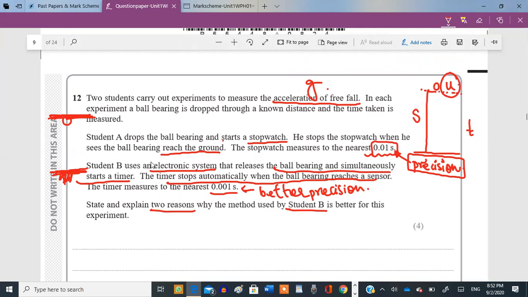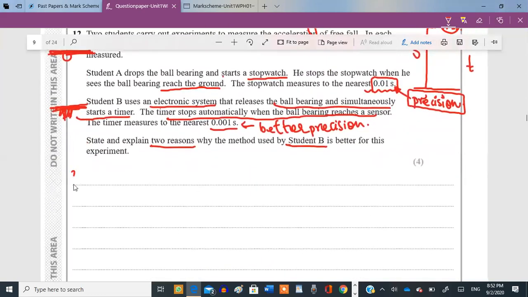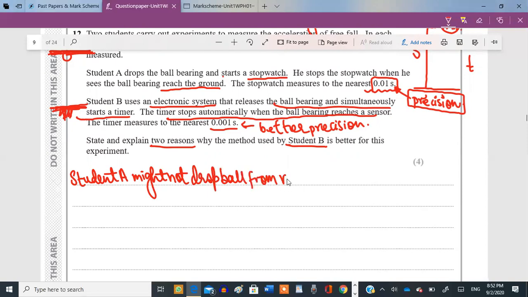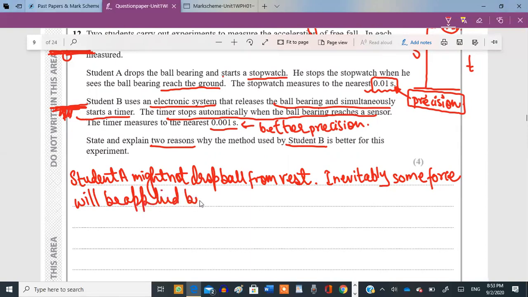So student A might not drop the ball from rest. That's the reason, and the explanation for this reason is that inevitably some force would be applied by the student. This is the first reason.